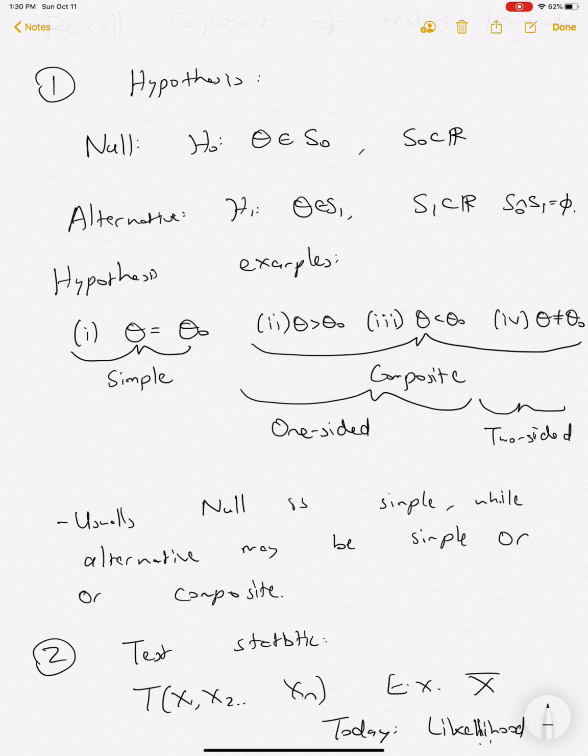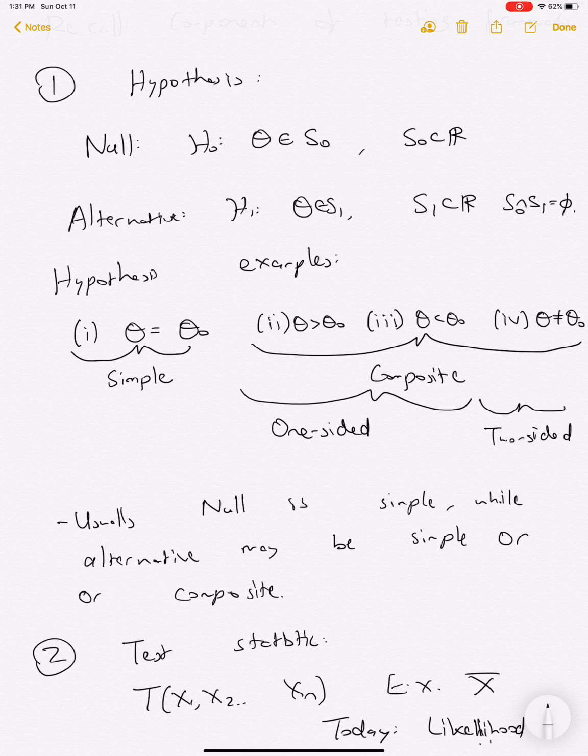These three are composite hypotheses because you have different theta values, you typically don't know the distribution. And then theta bigger than theta 0 and theta less than theta 0 are one-sided hypotheses because the alternative only goes in one direction. And it's two-sided because it in some sense has two pieces, one bigger than theta 0 and one less than theta 0.